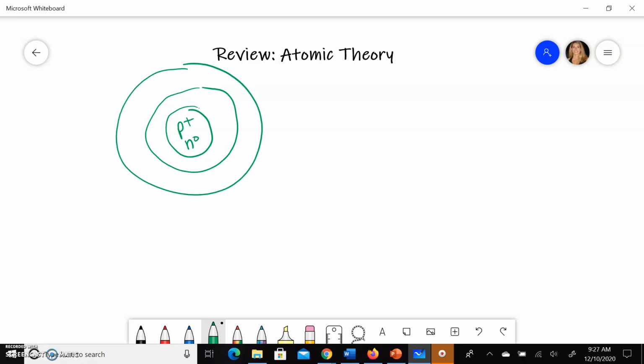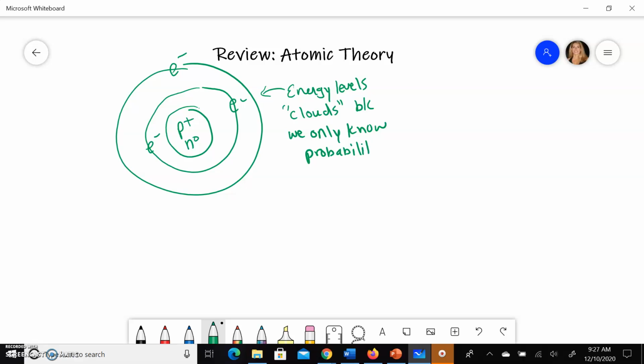Surrounding the nucleus we have rings. We call these energy levels. And in those rings are electrons. Now, they're not actually rings, so we call them rings and draw them that way for simplicity, but they're actually clouds because we only know the probability of where electrons are located.